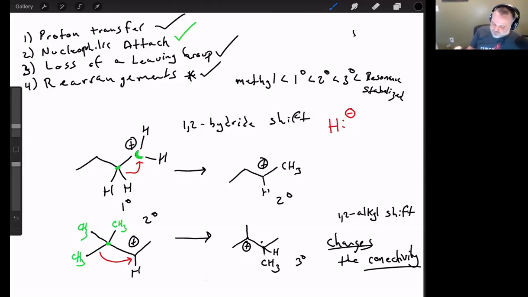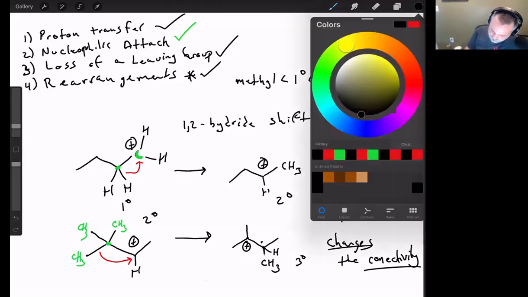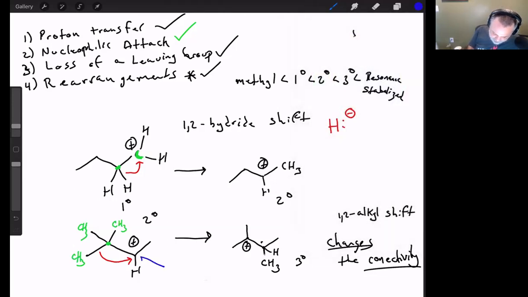The question was asked, why is it tertiary? It's tertiary because, since this was the spot that had been the cation, and this carbon is connected to this CH3 group and that carbon, and since it's connected to 2 other carbons, it's secondary.